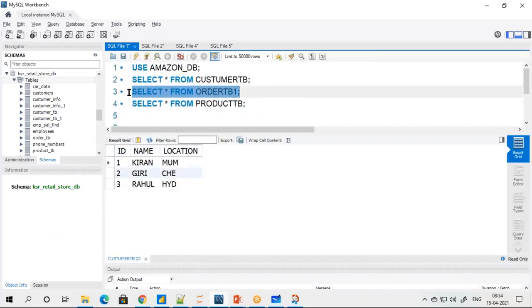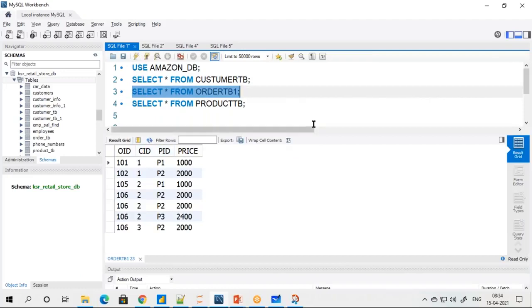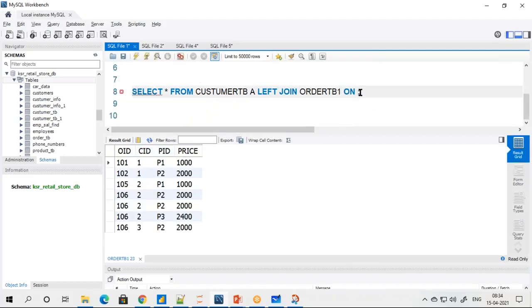ID is there, CID is there. So I have to write A dot ID equal to B dot CID. Now in the select I will add A dot ID, and I need B information. So for B information I will write B dot PID and B dot price.